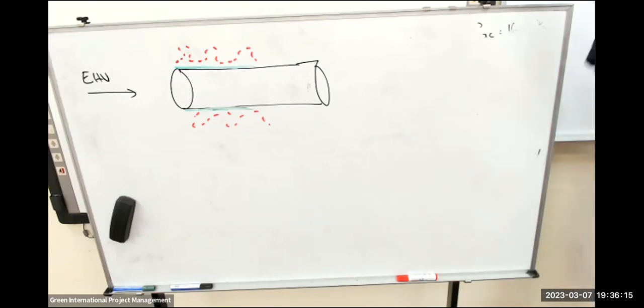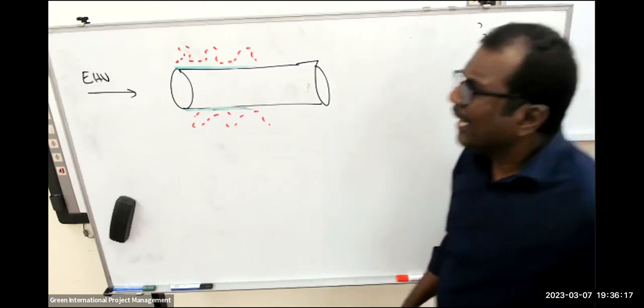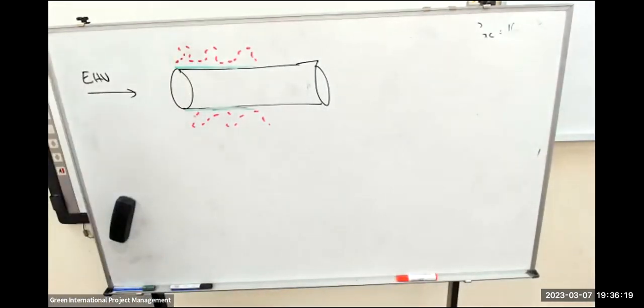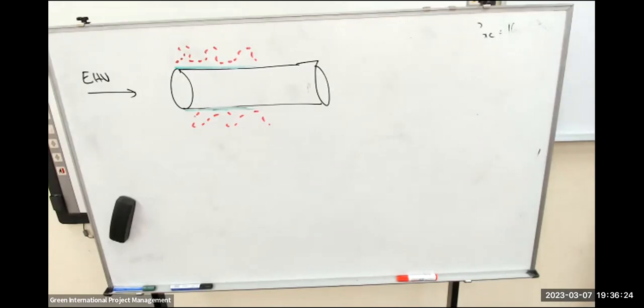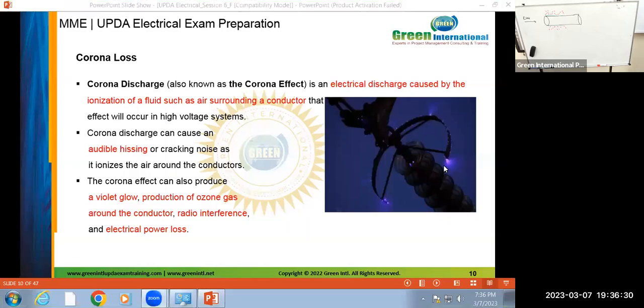This is in the outer city. In the late night, you may see these colors. That's a violet color.